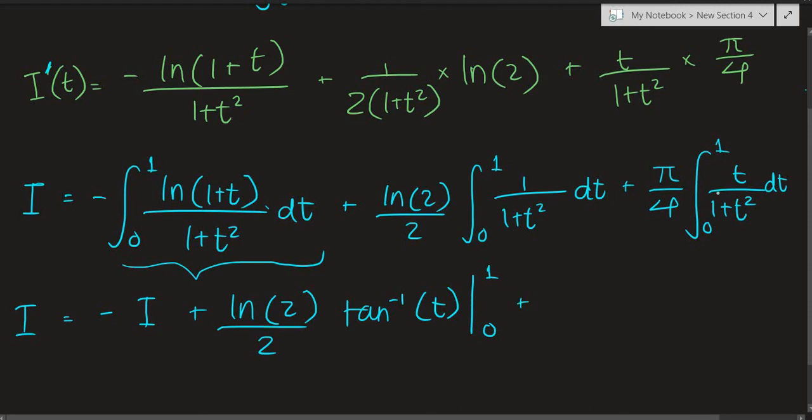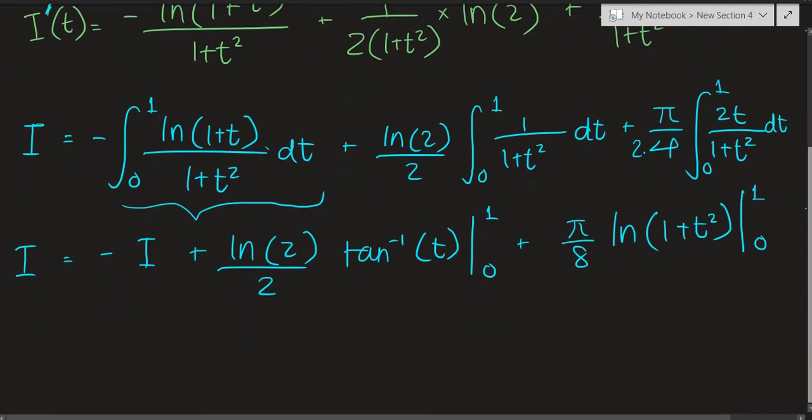And now notice we can recreate the derivative of the denominator on top, so multiplying and dividing by 2. So 2 times 4 is 8, so pi over 8, and the entire thing is just the natural log of the denominator now, because we match the derivative of the denominator on top. So this is the natural log of 1 plus t squared evaluated from t equals 1 to t equals 0.